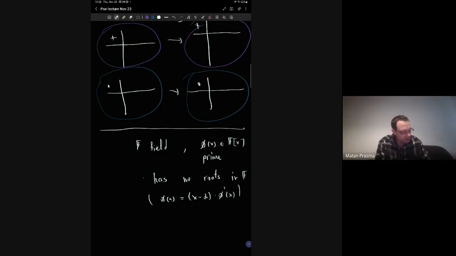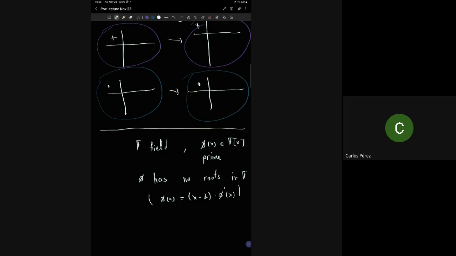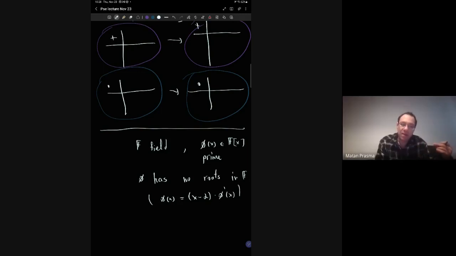But now I would like to construct a bigger universe in which phi splits completely into linear factors, right? Yes. If I could, I call this universe a splitting field.